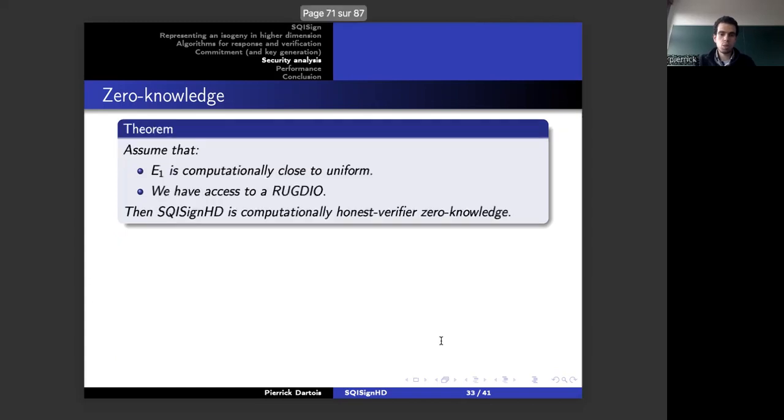With access to this oracle, and also another heuristic assumption, that E1 is computationally close to uniform, we get that SQISignHD is computationally honest verifier zero knowledge.